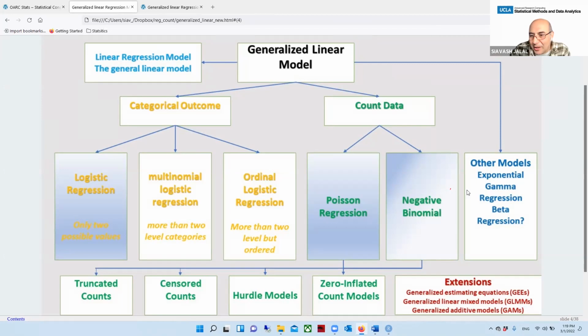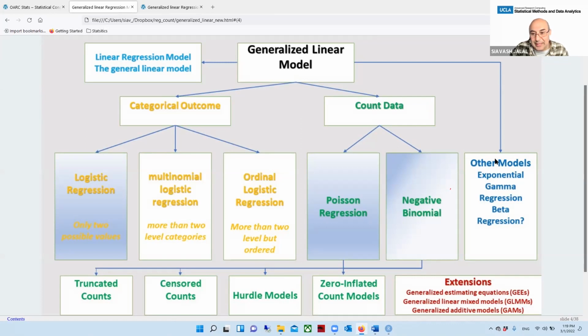And there are other models here. I put beta regression because beta regression is a little different from the other kinds of generalized linear models, but they are complicated models. There are packages in R. You can run those models. There are ways to run them in SAS, Stata.